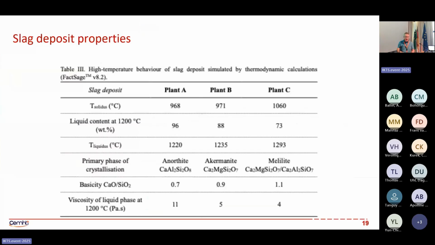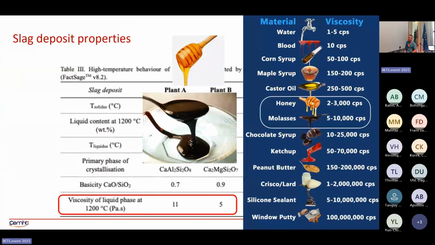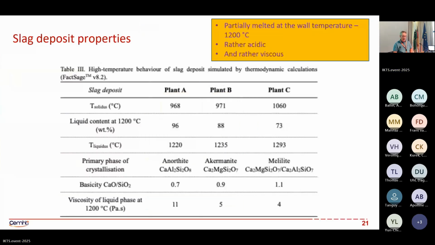So the viscosity is between 11 and 4 or 5 Pascal second. If you want to have an idea about this value of this viscosity, it is between honey and molasses. So it is viscous, but not so much. This is also a very important point.